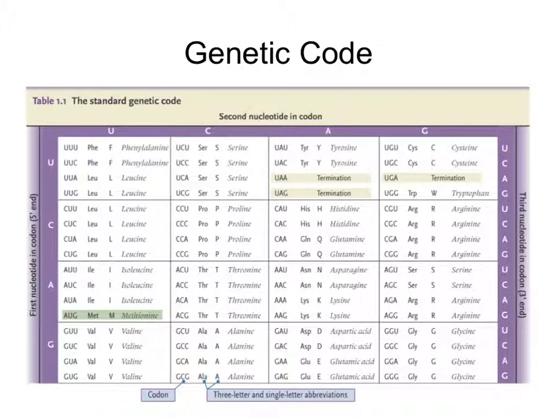And as you can see, there's a degeneracy in the codons where some amino acids are encoded by multiple codons. So for example, proline, shown here, is encoded by CCU, CCC, CCA, and CCG. And so this allows for multiple codons encoding for some amino acids.